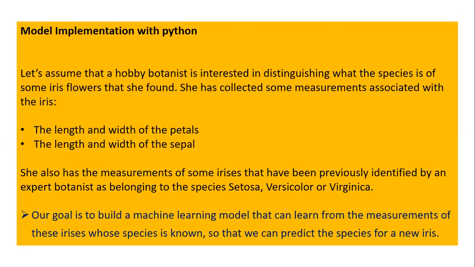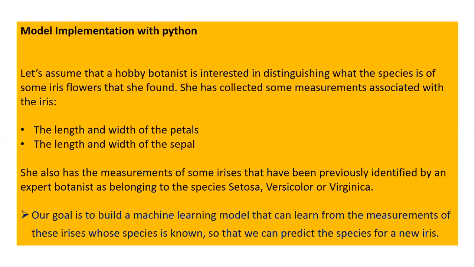The model will be trained on that data set, and the attributes of the flowers that the lady collected and measured will be given to the model, and the model will predict to which class that flower belongs.